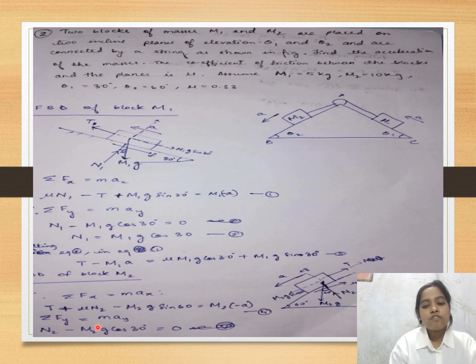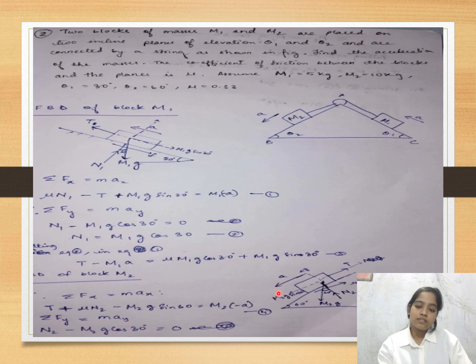Now for the second one, block m2, we did the same. Here again we have the normal reaction for block m2, then the weight m2 into g, and dividing into components we get m2 g sin theta and m2 g cos theta.